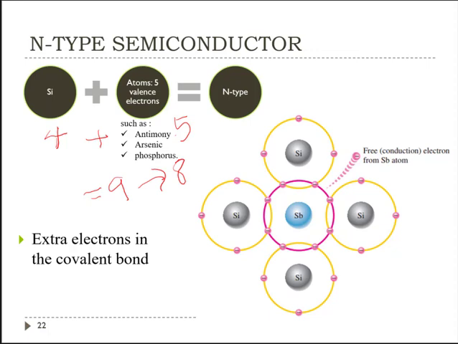So we have 1 extra electron in this combination, which is free inside that atomic structure. So the N-type semiconductor material will have extra electrons in the covalent bond. This free electron will move to another structure which needs to be filled in for the hole.